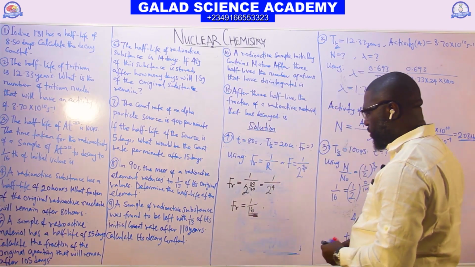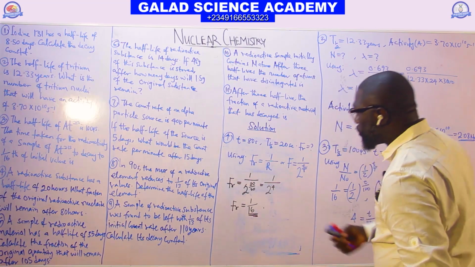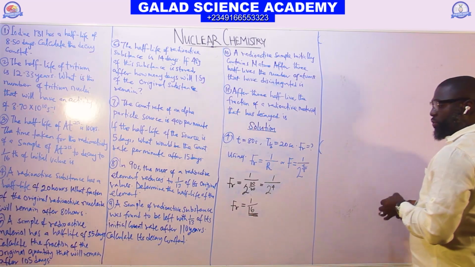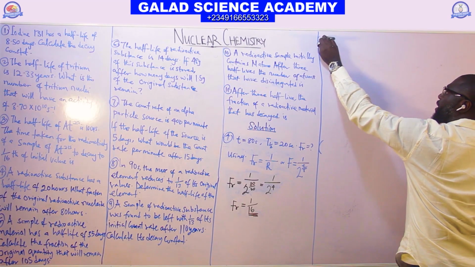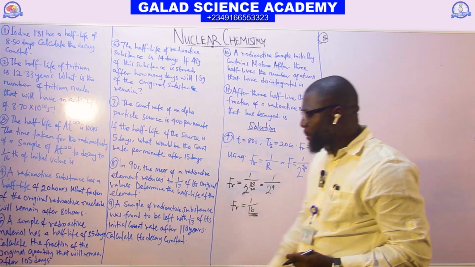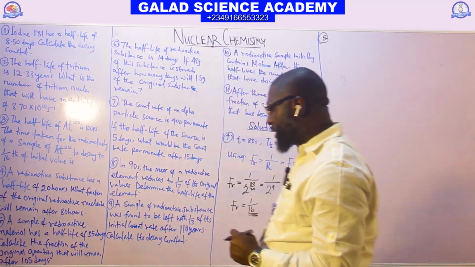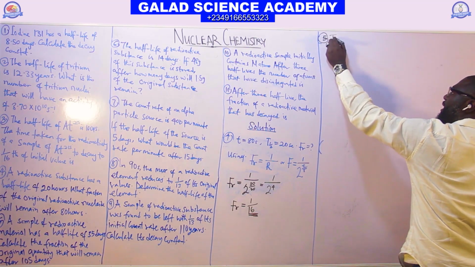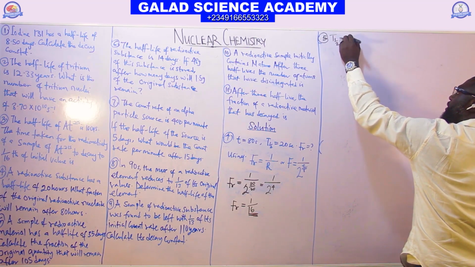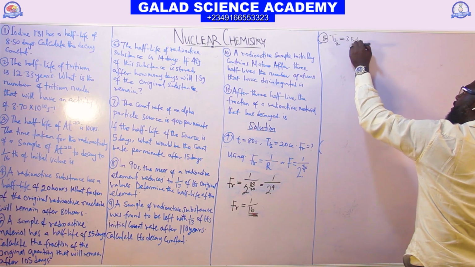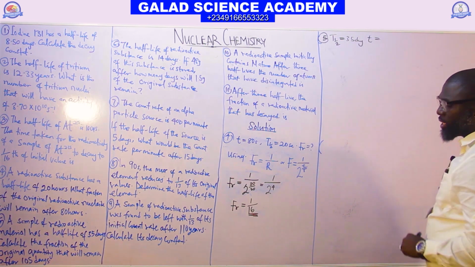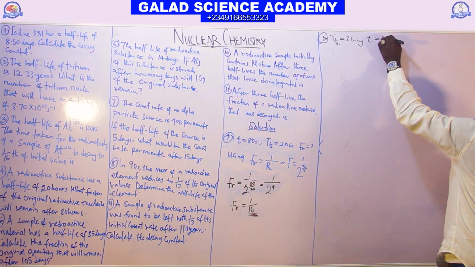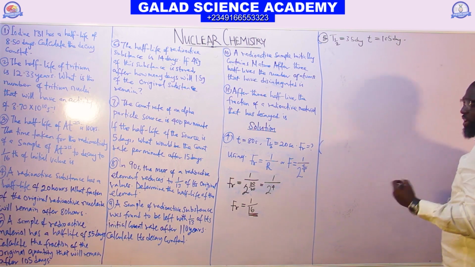Let's check it now. It's the same as what we did for question 4. If you look at 5 now, we have a radioactive sample of material with a half-life of 35 days. Capital letter T is 35 days. What is small letter t? We are given 105 days. What is the fractional remainder?